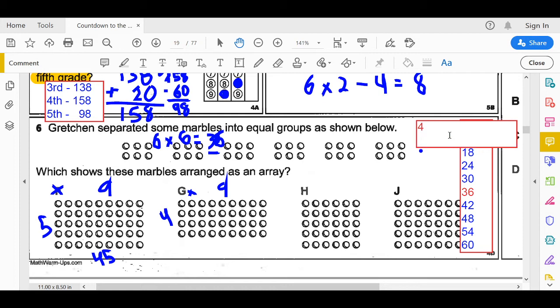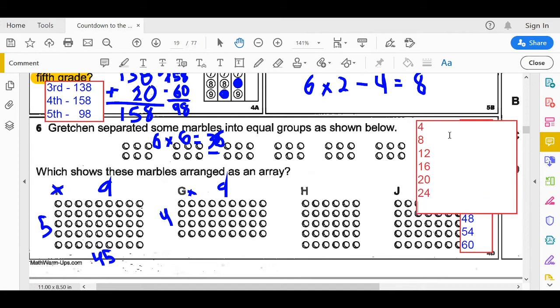So that's 4, 8, 12, 16, 20, 24, 28, 32, sorry, right there, 32, 36, and 40. That's my tables of 4. This is 4, 8, 12, 16, 20, 24, 28, 32, and 36. Finally, 40 there. So 4 times 9.